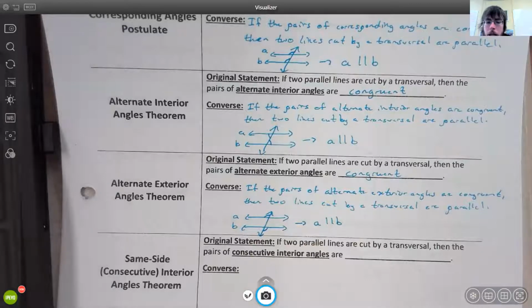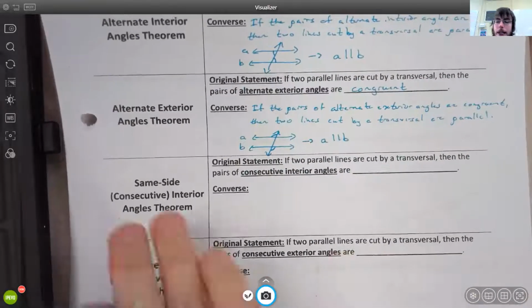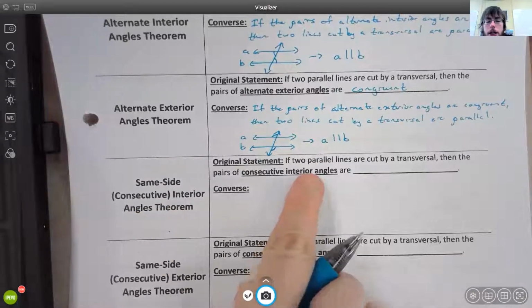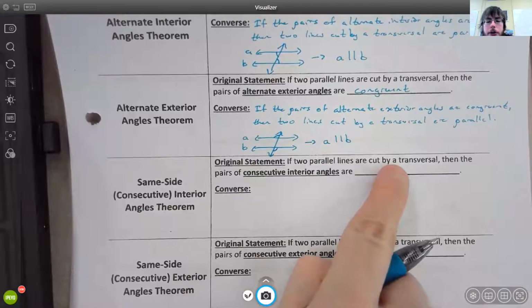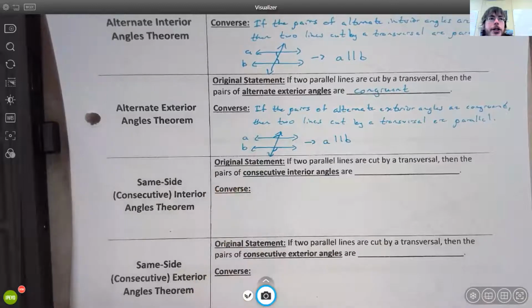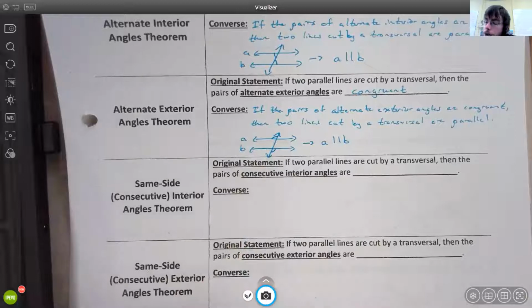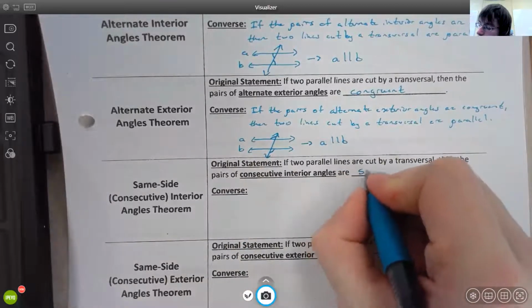Okay. Now let's look at the same side consecutive interior angles theorem. If two parallel lines are cut by a transversal, then the pairs of consecutive interior angles are, and we know that consecutive interior angles should be supplementary.